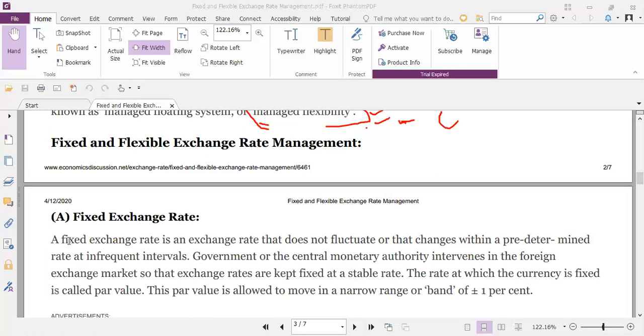Yes, clear now. So a fixed exchange rate system is an exchange rate that does not fluctuate, or that changes within a predetermined rate at infrequent intervals, right? So government or the central monetary authority intervenes in the foreign exchange market so that the exchange rate is kept fixed at a stable rate.